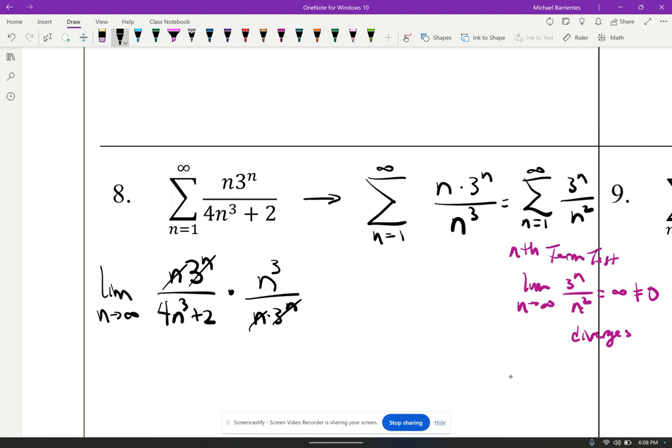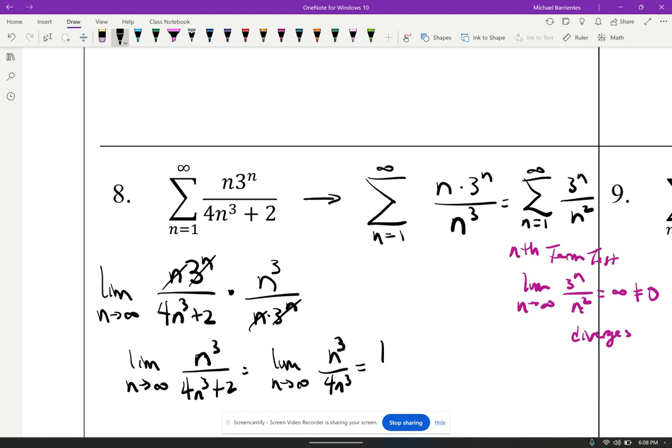I cannot reduce the n to the thirds because there's a plus 2 here, but at least it looks a little bit cleaner because now the only thing left in the numerator is n cubed. On the denominator, it's 4n cubed plus 2. Again, as n goes to infinity, the plus 2 becomes insignificant. So this is the same thing as the limit as n approaches infinity of n to the third over 4n to the third.